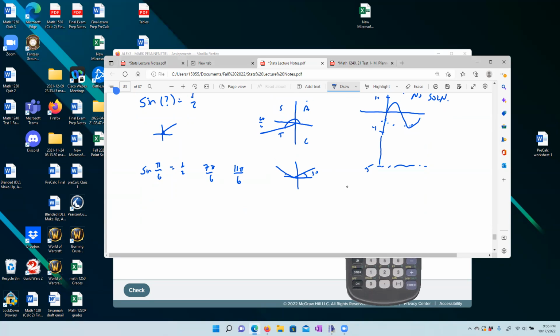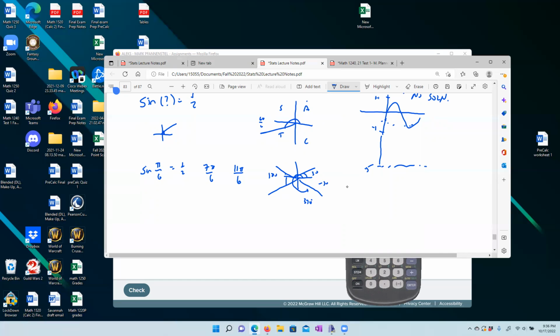If it's going to be in the third quadrant, here's 180, and we just add a little bit more. And here, that's -30, but I want a positive angle, so I go all the way around. That's going to be 330 degrees.